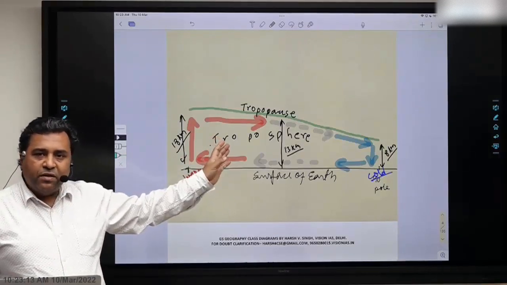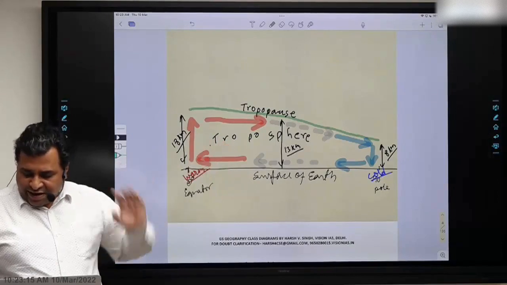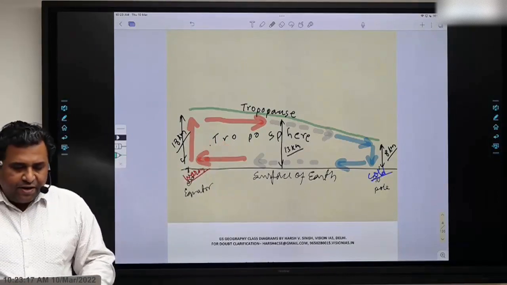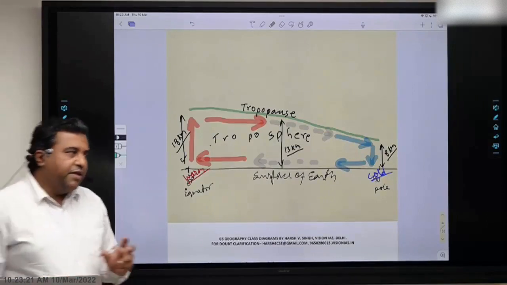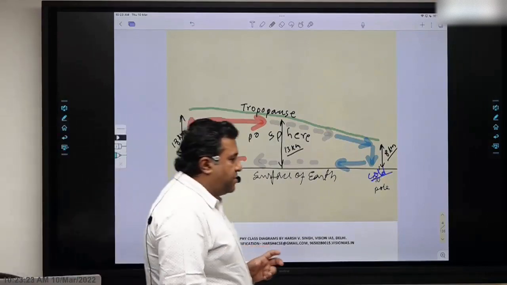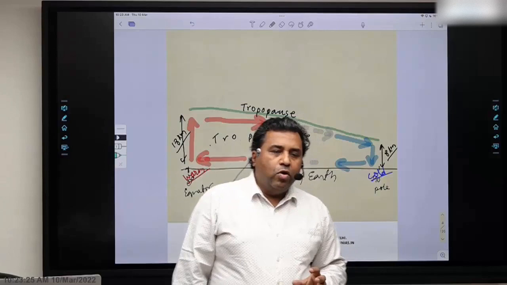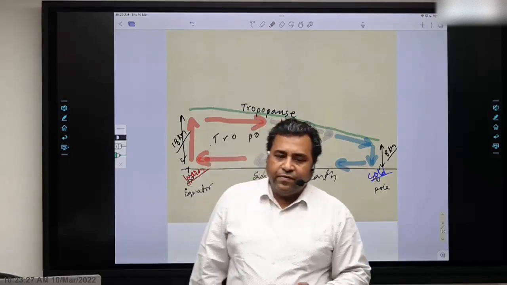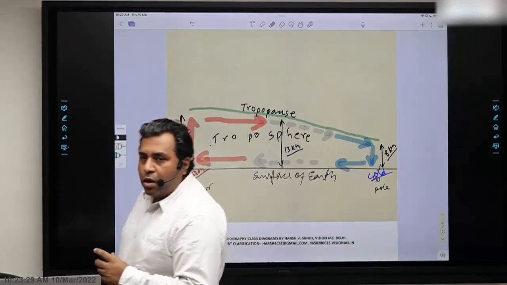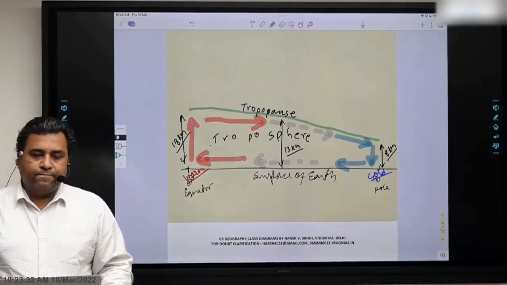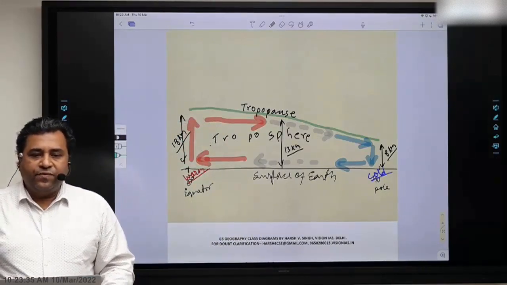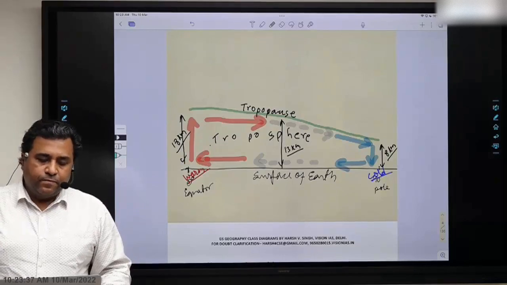Is that okay? You don't need dictation for that, right? Then further write down. Hence this is the region where almost all of heat transfer takes place.